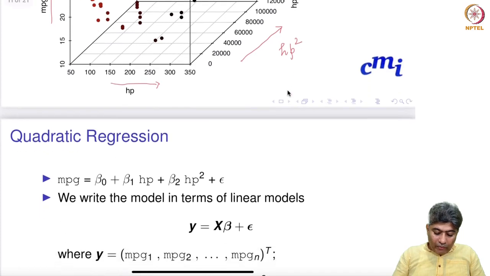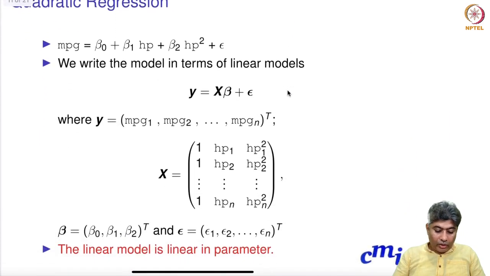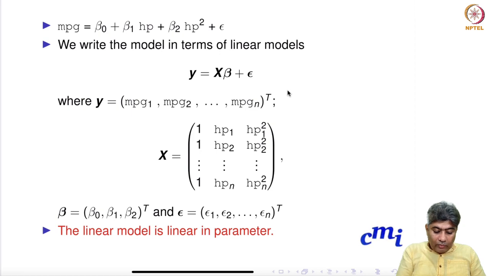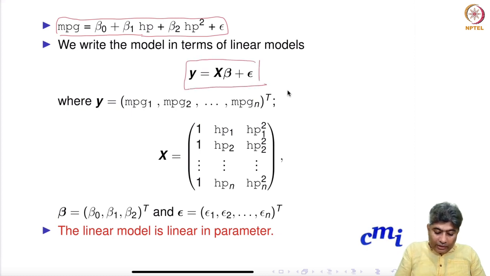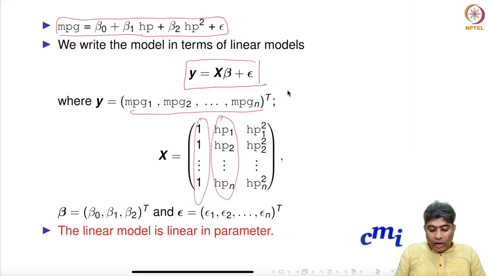Now, how can we model it? This is our model. We can write it as y equal to X beta plus epsilon. My y is exactly the same. The first column is the intercept, the second is horsepower, and the third is a new column called horsepower square.